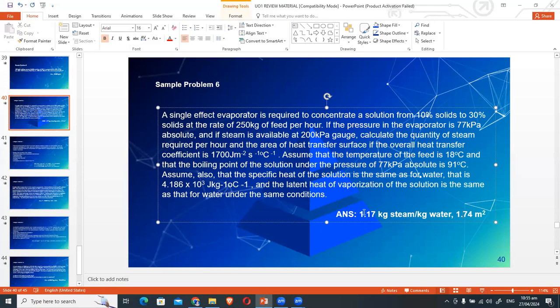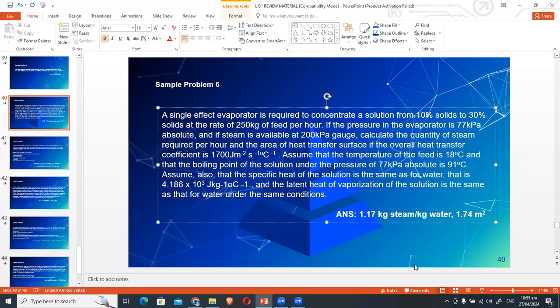How much steam is being used per kilo of water that is evaporated? 1.17 kilogram of steam per kilogram of water. This is your steam economy in this case, or evaporator economy.